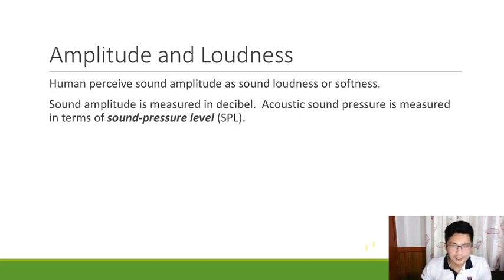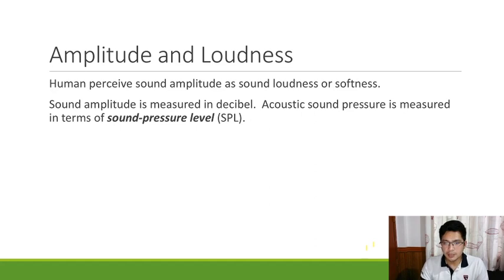Di ba kapag decibel, may reference tayo lagi. So, ano yung reference natin or ano yung ginagamit natin to determine the level of sound? That is SPL, or sound pressure level. At 0 dB SPL, meaning that is the faintest sound na kaya nating marinig.